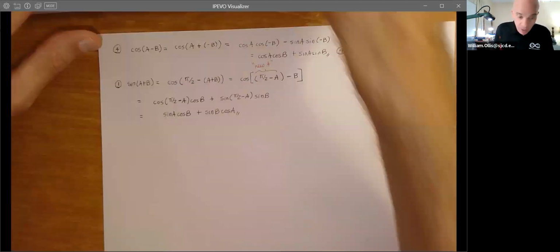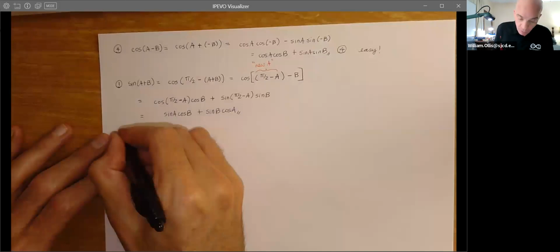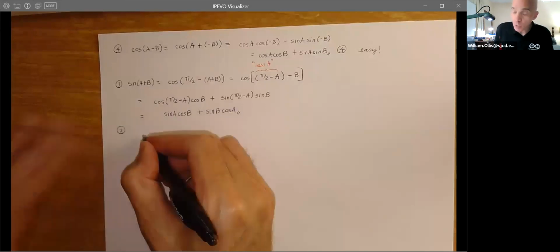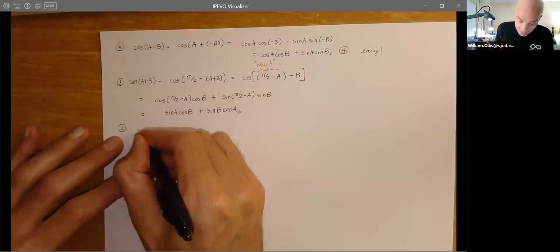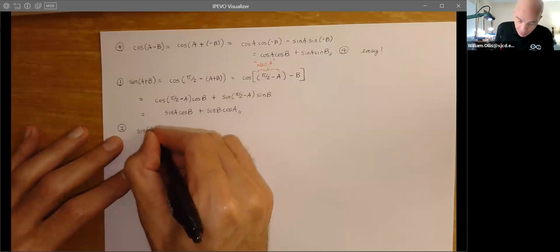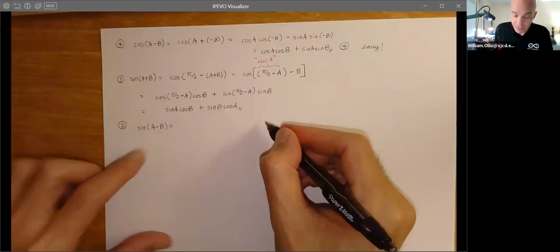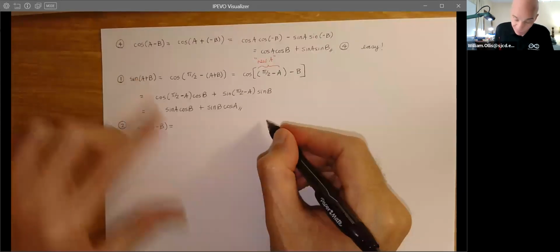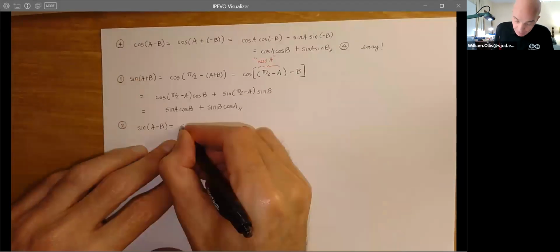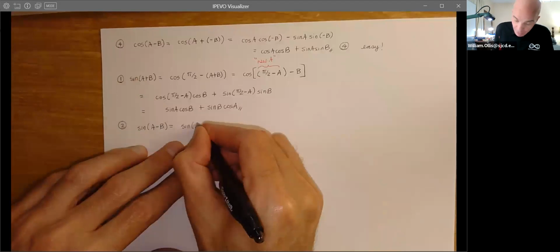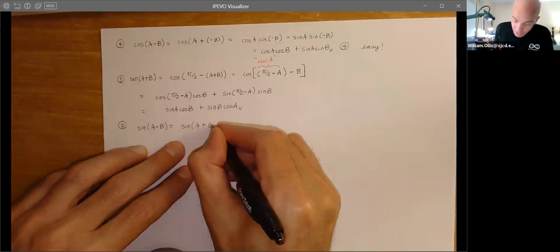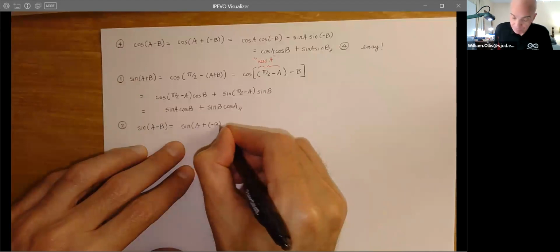Now the last one, number 2, we just rewrite using the even-odd nature of sine and cosine. So we have sine of A minus B. Let's just again rewrite this as a sum so we can use this. So this will be sine of A plus the additive inverse of B. So we get a new B, so to speak.